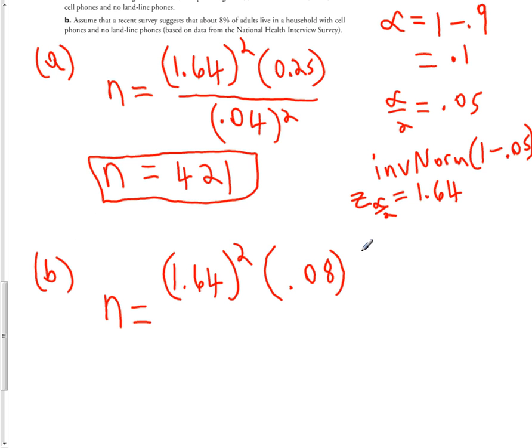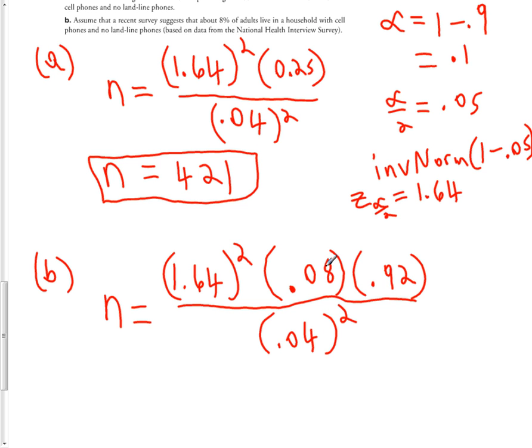And q hat then is 1 minus that, which is 0.92. So q hat is 1 minus p hat. Since p hat was 0.08, 1 minus that is 0.92, and we're going to divide this entire product by 0.04 squared. So the only real difference here is this product, which up here is just 0.25.